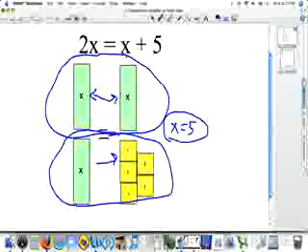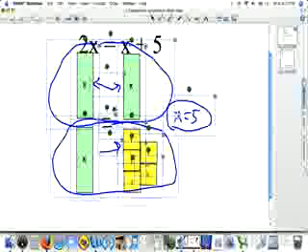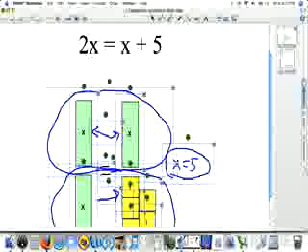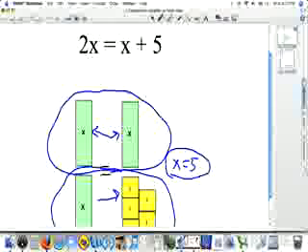Now there is the abstract way of thinking about it, and you might know this already, but this is the visual way of thinking about it. You could also say, we just want to know what x equals. So we want to get rid of everything except x. We want to get all the x's on one side, everything else on the other side.